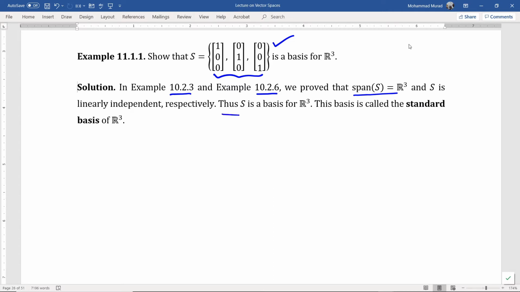Thus, S is a basis for the vector space R3. This basis is called the standard basis for the vector space R3.